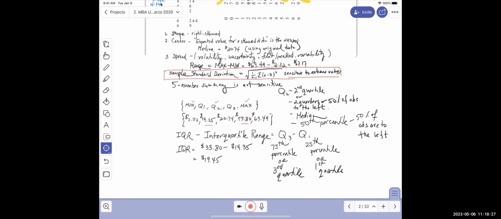How many observations, what percentage of observations fall between the 75th and the 25th percentile? 50%? Right, so 50%.